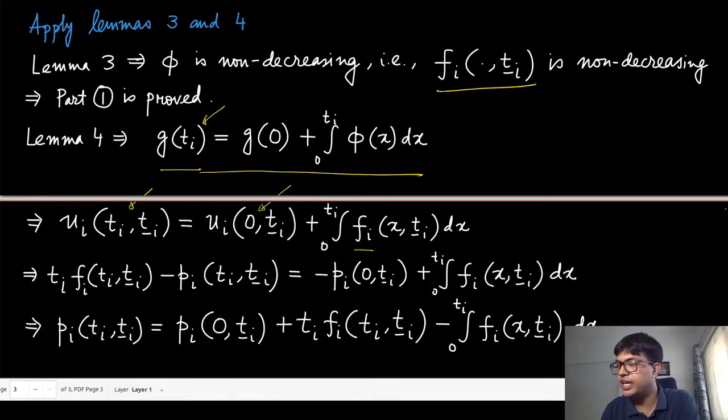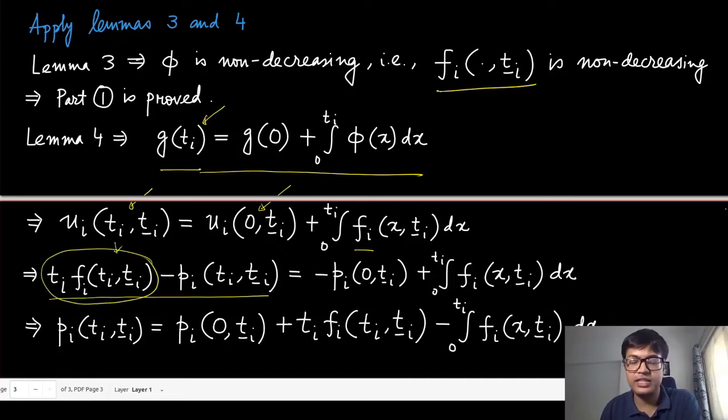The subgradient is the allocation function of agent i. Then we expand it further, because this utility is nothing but their expected valuation for that object minus the payment that has been made.